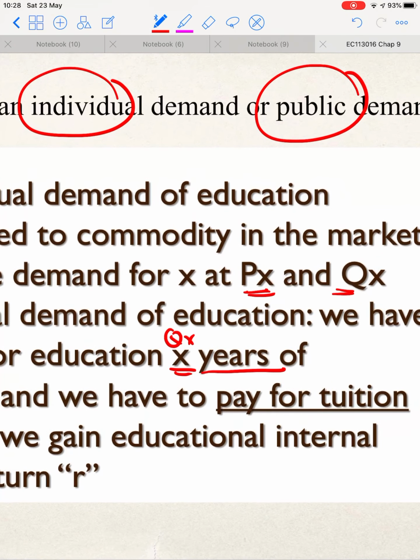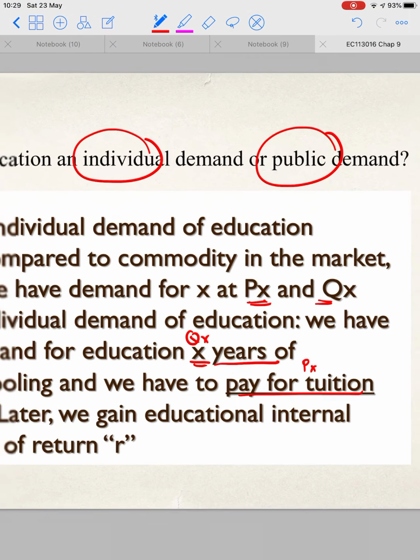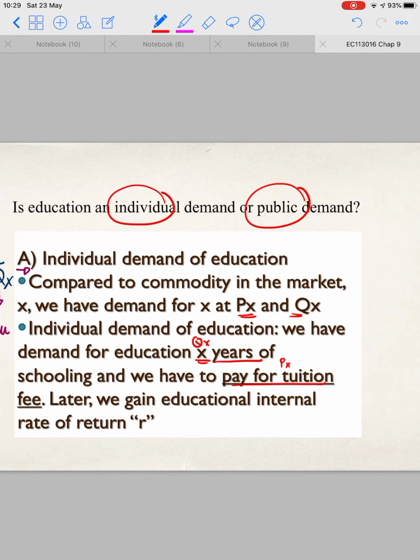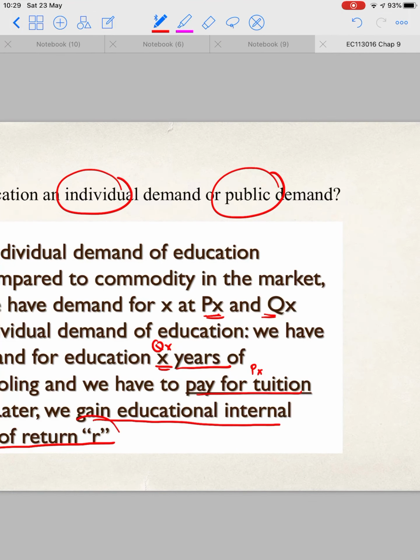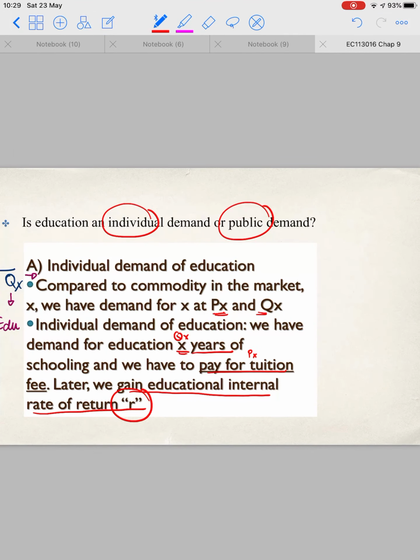And we have to pay tuition fees, PX, right? Later, we gain an internal rate of return on education, because education is an investment. When we invest, we pay tuition fees, and we gain a return on education, the internal rate of return.